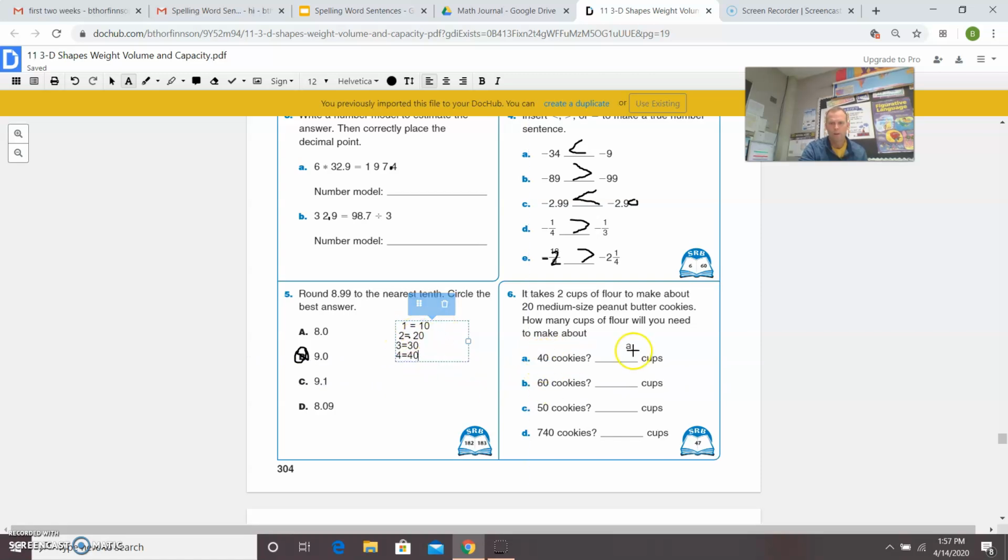Okay, so 40 divided by 10 is 4 cups. 60 divided by 10 would be 6 cups. 50 would be 5 cups. And the last one, 740 divided by 10 would be 74 cups. Okay.